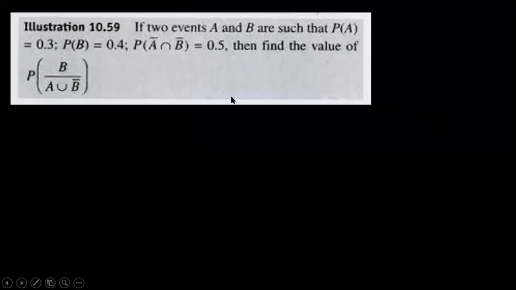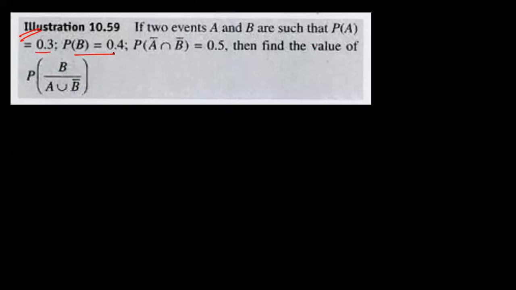See, same thing, same model. If two events A and B are such that P of A is equal to 0.3, P of B is 0.4, P of A bar intersection B bar is 0.5, then what is the value of this one? P of B intersection A union B bar by P of A union B bar.